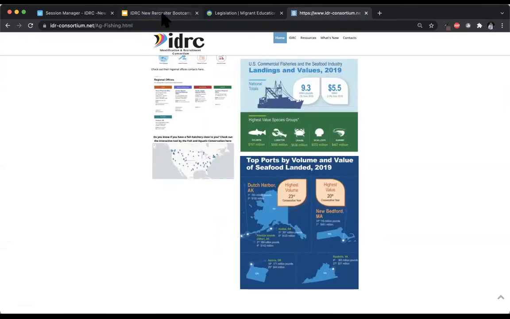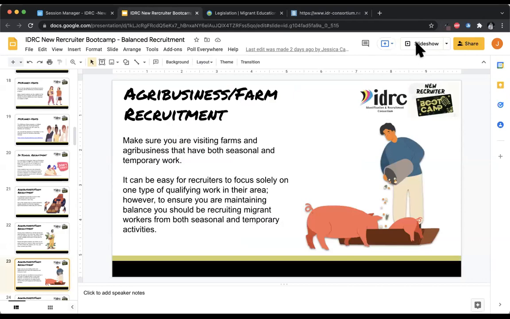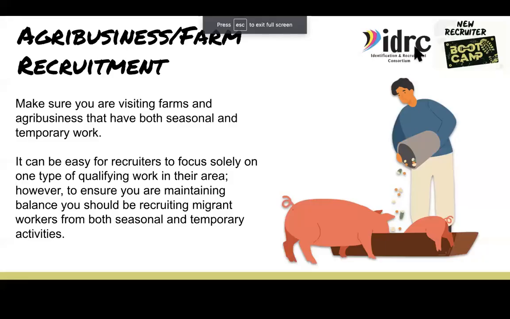And so, for us as the Migrant Education Program, we want to make sure that we're being balanced and looking in all possible areas. So we want to be looking for agricultural workers that might qualify, fishing workers that might qualify, as well as seasonal and temporary work. I found that it's often really easy for recruiters to solely focus on one type of qualifying work in their area.